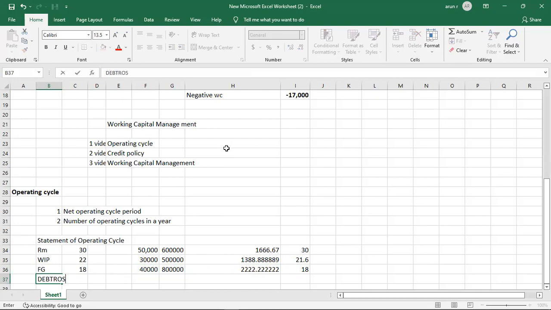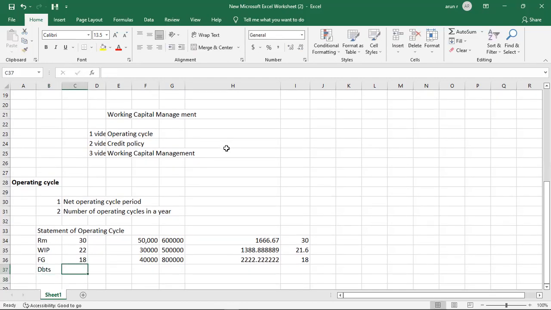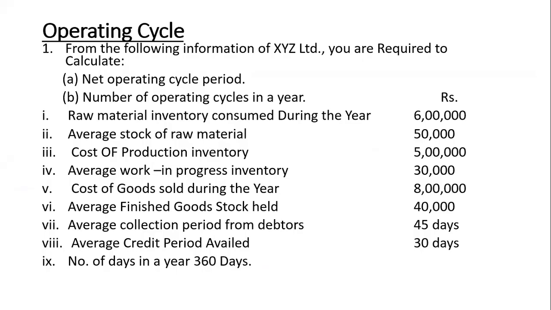Then debtors. What they have given in the sum: average collection period for the debtor is 45 days.